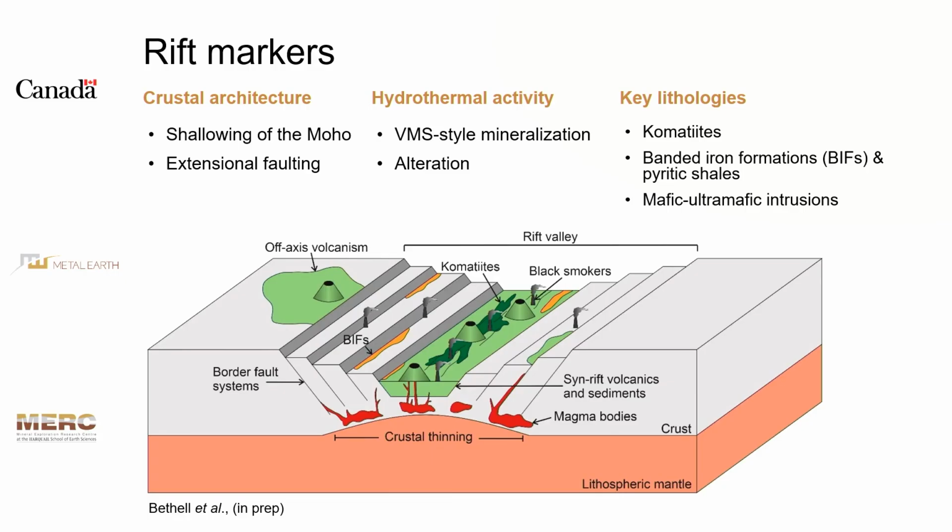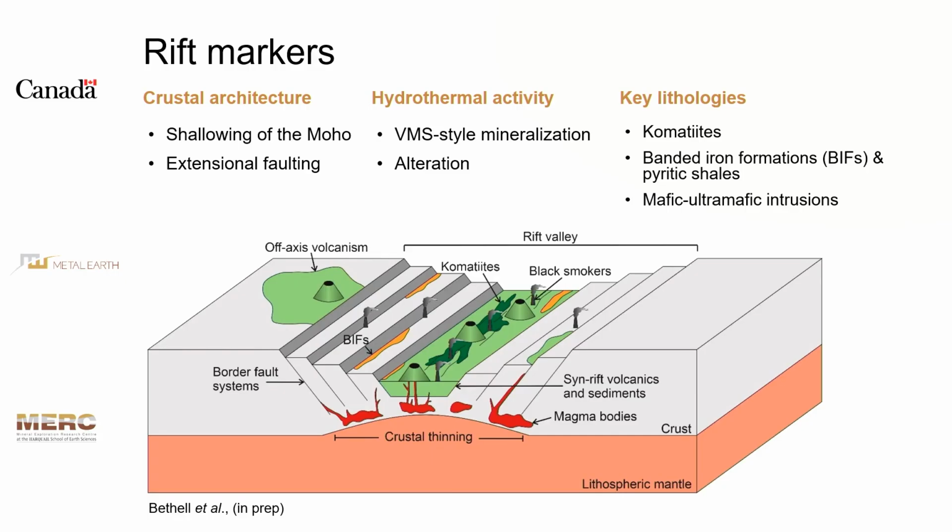We also looked at the distribution of banded iron formations, and lumped in there, pelitic shales as well. Those represent either deposition of chemogenic sediments produced by hydrothermal systems, or possibly more widespread, low-temperature style hydrothermal systems.